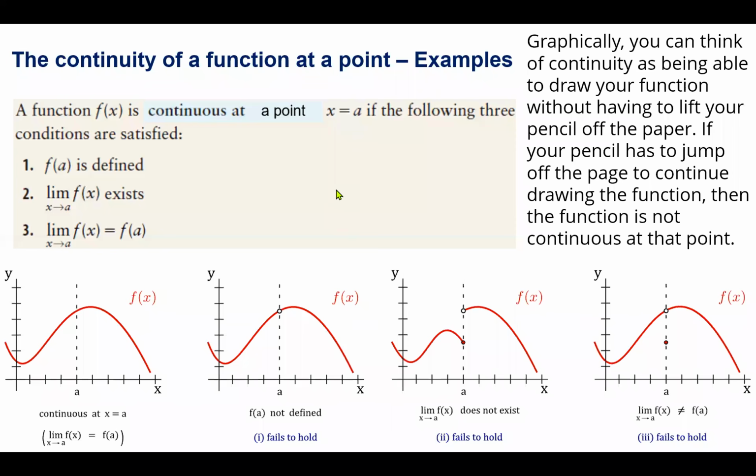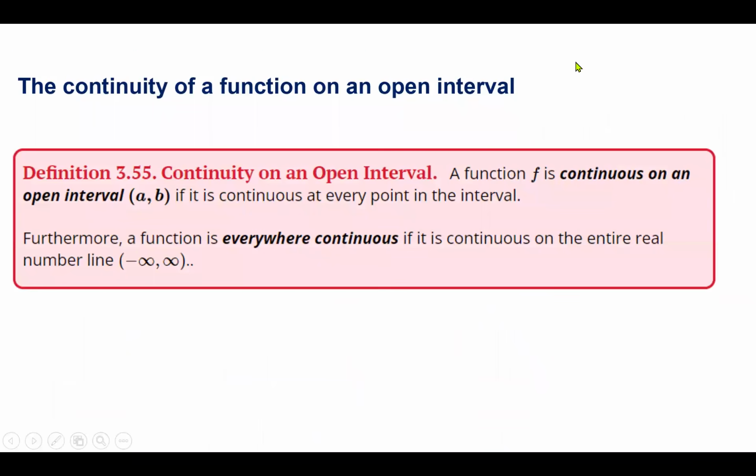Okay, so be careful here. We are only talking about the continuity of a function at a certain point so far, okay? Next, let's have a look at the continuity of a function on an open interval. There is a definition of the continuity on an open interval.